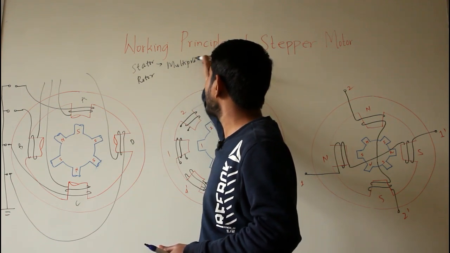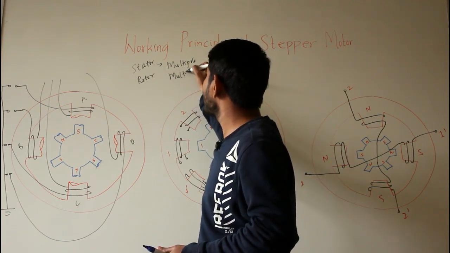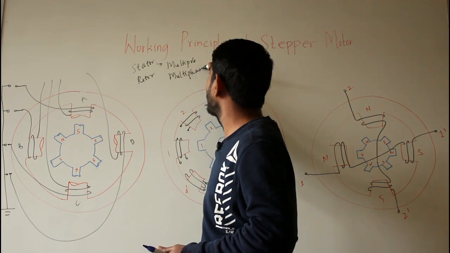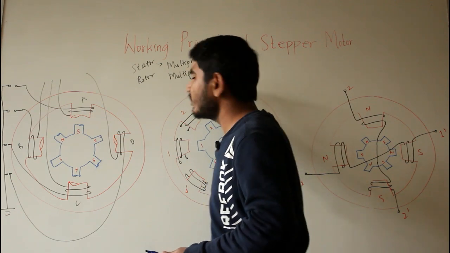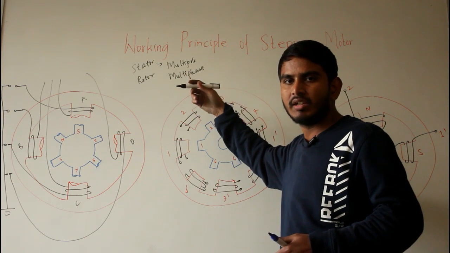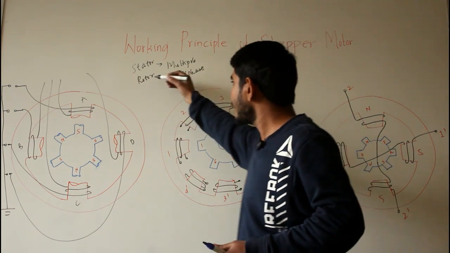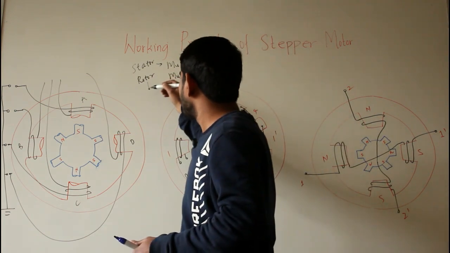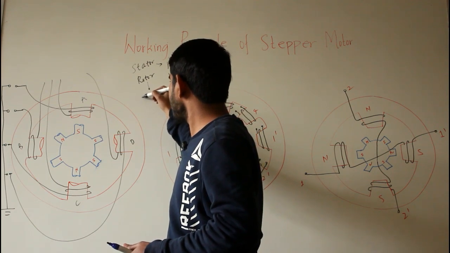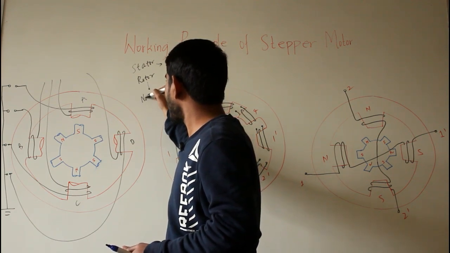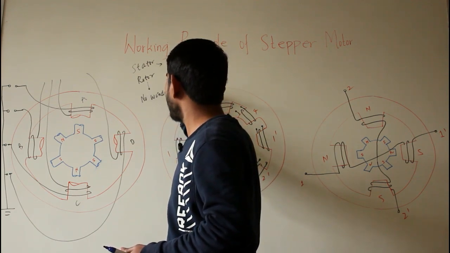It is equipped with multi-pole, multi-phase winding, which is just similar to the windings of the conventional machines. And here your rotor structure doesn't have any winding, that means the rotor carries no winding on it.